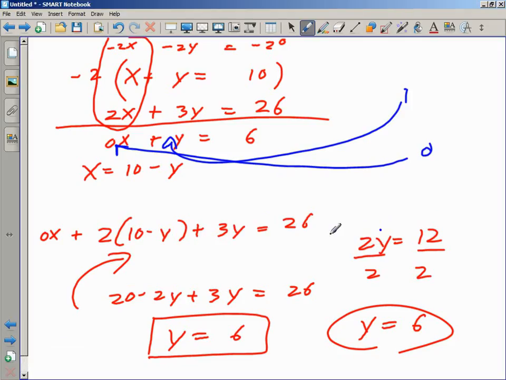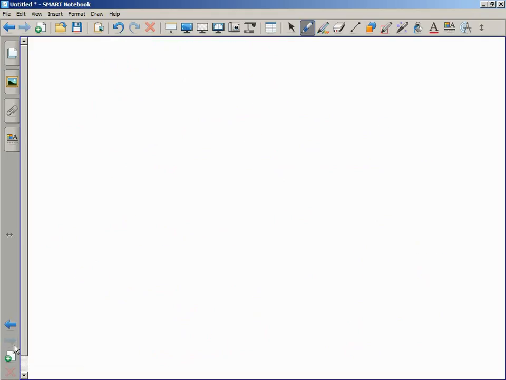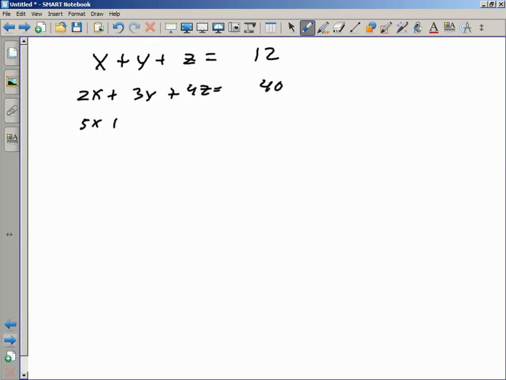So let's suppose that I had x plus y plus z, and this is no way it's going to work out, but I don't care, equal to 12, 2x plus 3y plus 4z is equal to 40, and then 5x plus y plus 2z is equal to 25. All right? So how would I go about solving this? Well, I'll probably use a matrix, but I could use substitution.